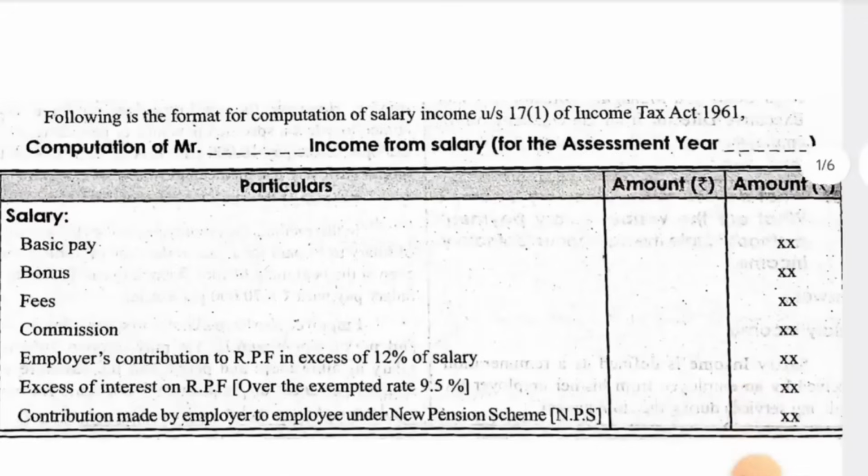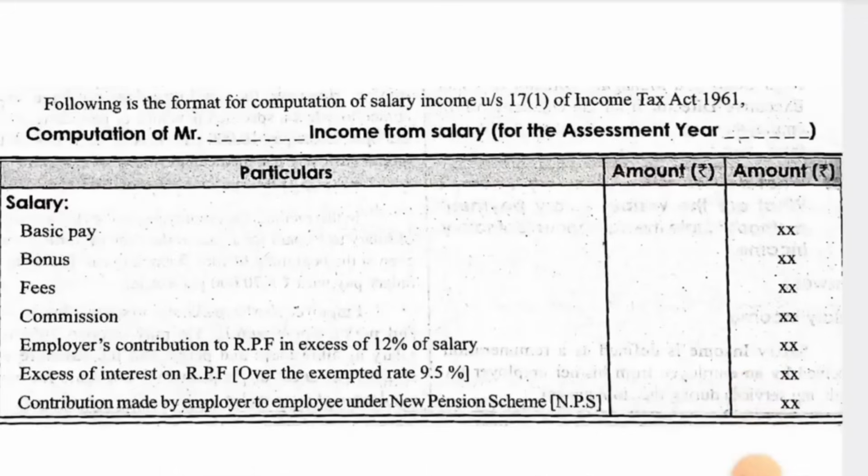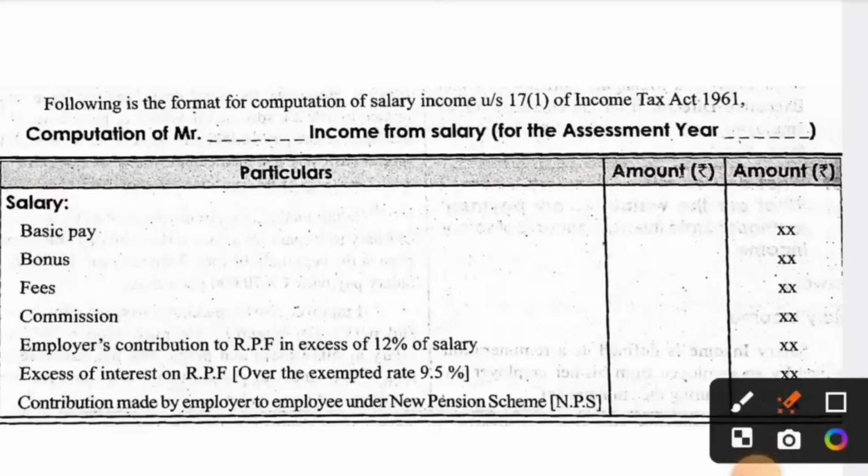In the pro forma of income from salary, the first side heading is salary. In this salary section, you will have basic pay. If you find basic pay in the question, you need to enter that amount under salary.